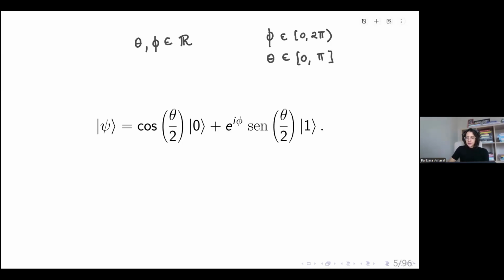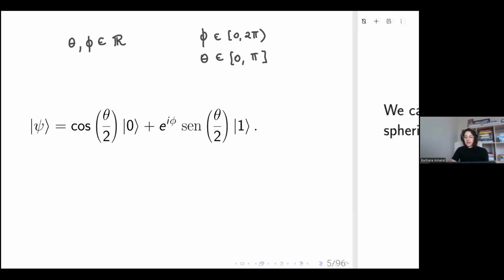Okay. The reason why we divide it by 2 is just so we get a nicer geometrical picture of this in the end. So it's a choice just to make it look beautiful in the end.